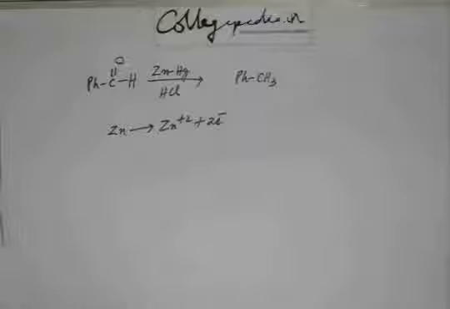Now we have studied this kind of thing when we studied pinnacle formation. There we used to take magnesium, and that magnesium used to lose some electron, and that electron lost by magnesium used to go into the antibonding of the carbon. So in this case as well, this electron will go into the antibonding of the carbon of this carbonyl group, because that's the carbon which cries for electron, because that's the carbon which is electron deficient.